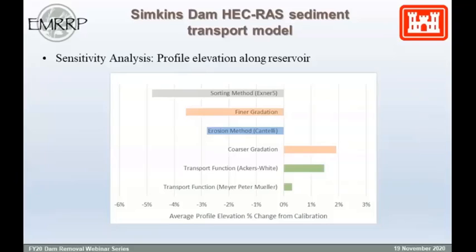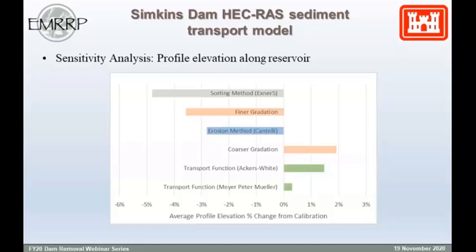Just changing the sorting method to EXNER5, it produced a way deeper profile when I compare the elevations that were estimated for the calibration result. A finer gradation will also generate a deeper incision channel, so my profile elevation will be a lot deeper.